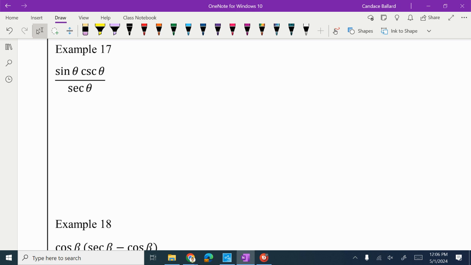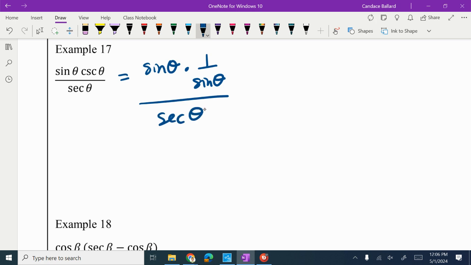Okay, let's take a look at 17. Can I do anything with sine? No, so I'm going to leave sine the way it is. What's another way to write cosecant? 1 over sine theta. Good. I'm just going to leave secant theta there.